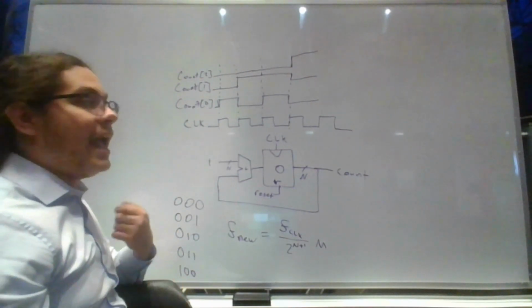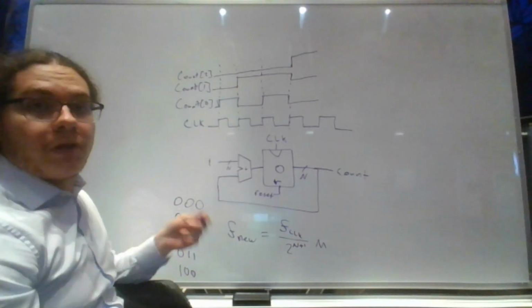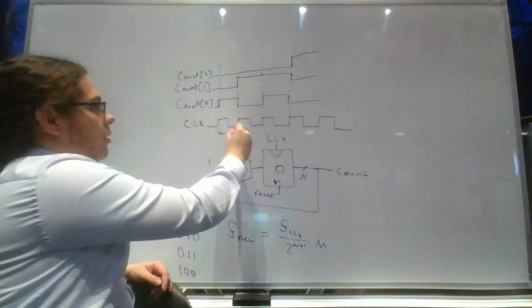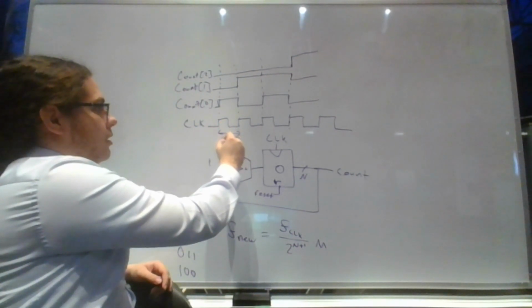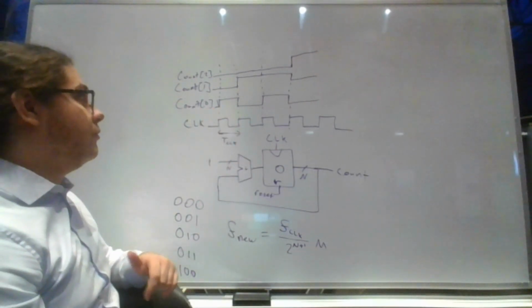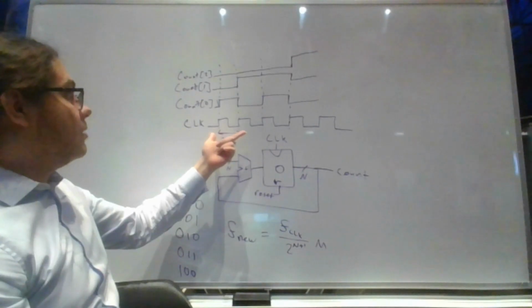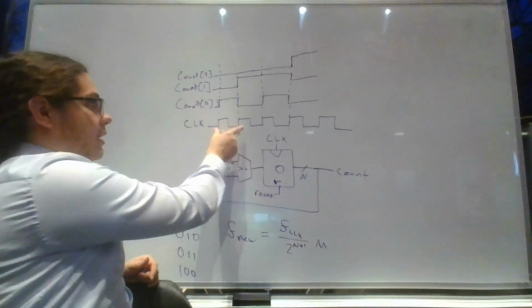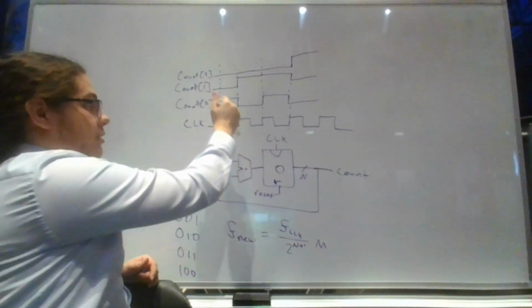And so we can then analyze the periods of these, or the frequencies. If we call the period of the clock TCLK, we can ask ourselves what the period of the signal above it is. For this one, we have a clock period of this length, which is from rising edge to rising edge.